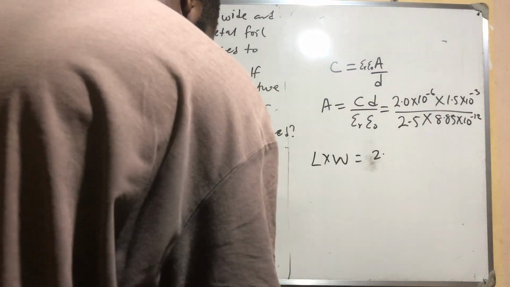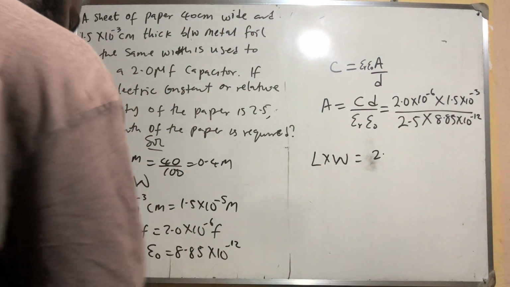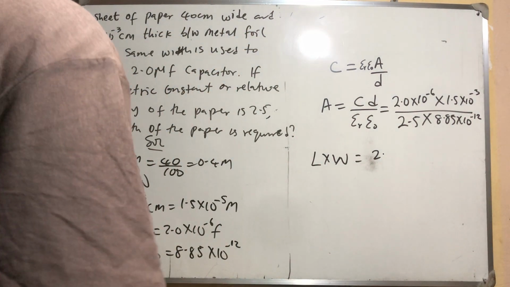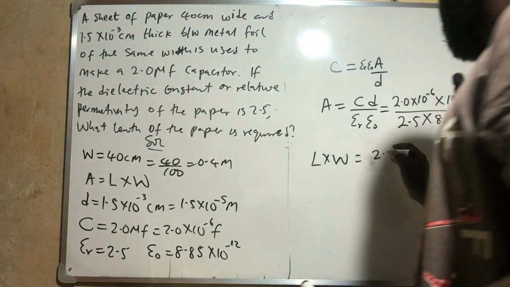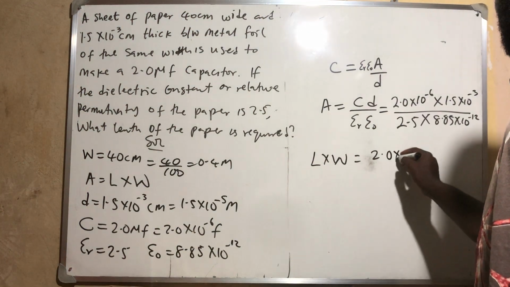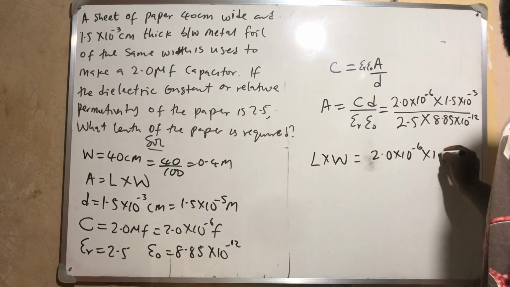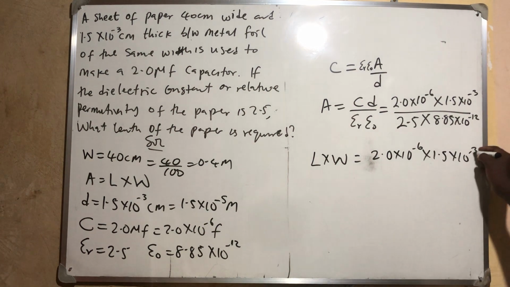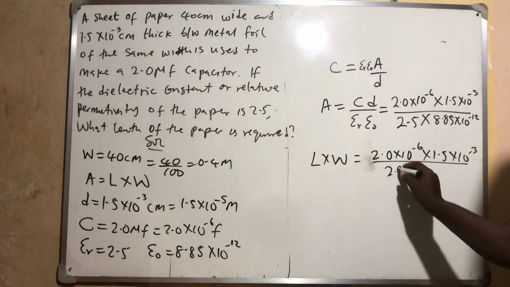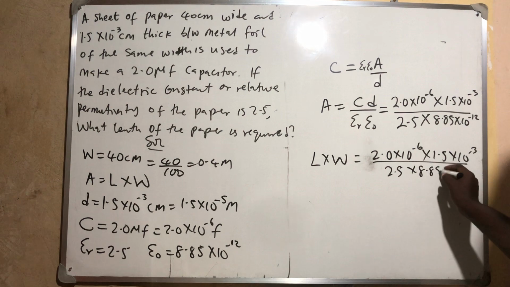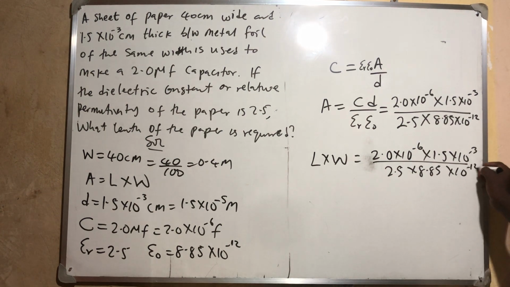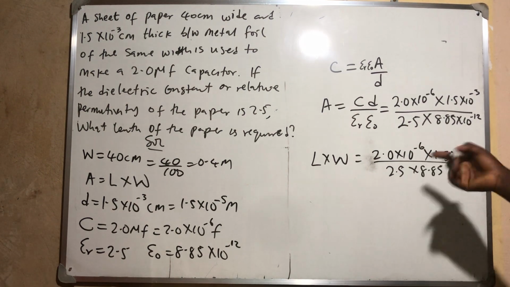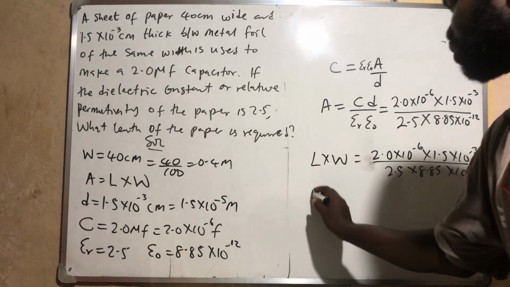If you get an answer, you now have that the length will come down, the width will come down. So this is 2.0 times 10 raised power minus 6 times 1.5 times 10 raised power minus 3 divided by 2.5 times 8.85 times 10 raised power minus 12. All right, I had not pressed it in the calculator, that's why I repeated it. So I'm looking for length.